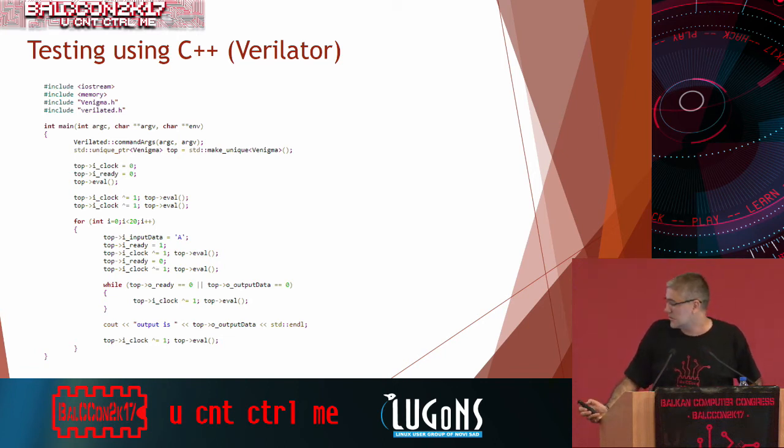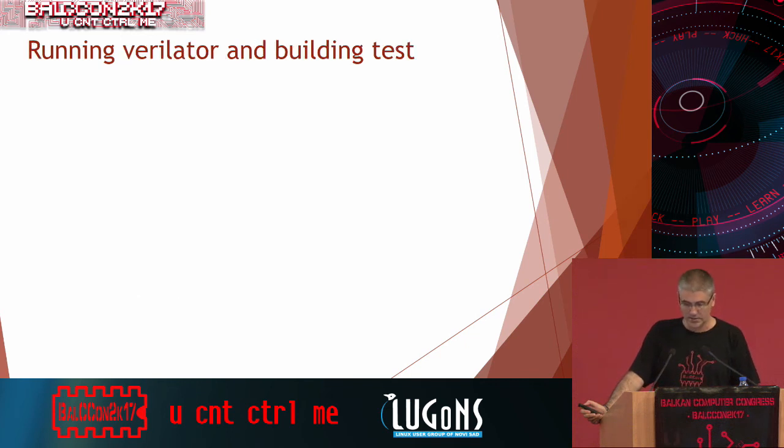You set the clock and say evaluate, set the clock again, so it's basically changing the states. And then we have this part here, which gives it enough clocks to evaluate, and then we see the output and check what it is.